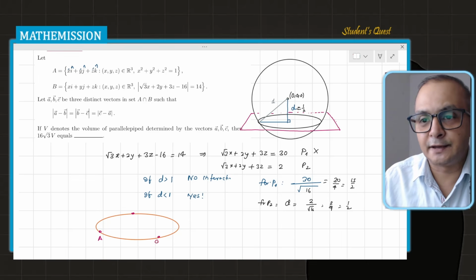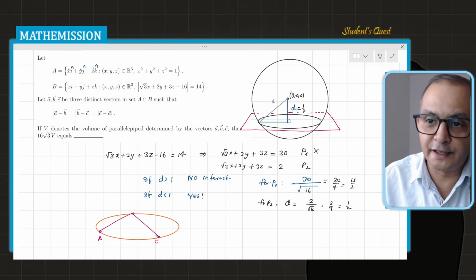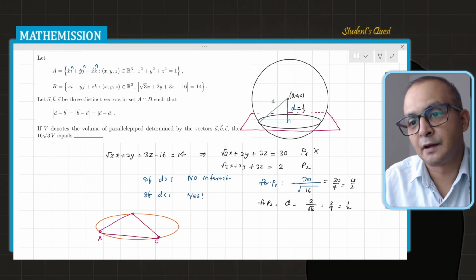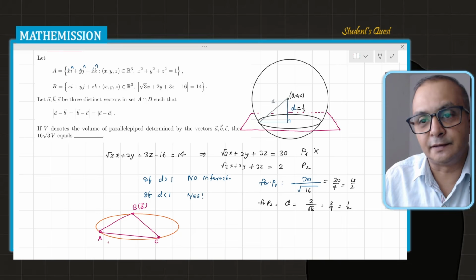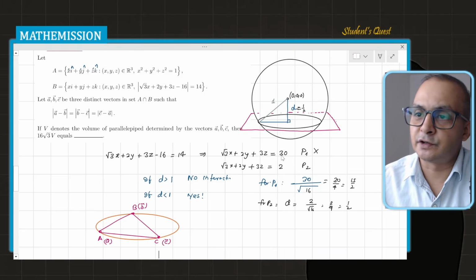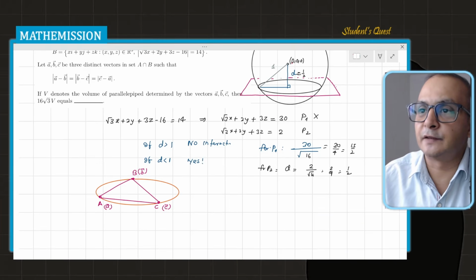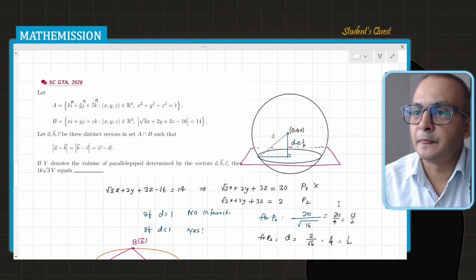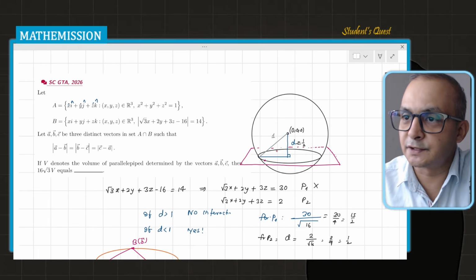They are saying that the position vectors of these points are given as A, B, C. When this is the position vector, the center of this circle is somewhere here. I'm just mixing up two things, but let's try.